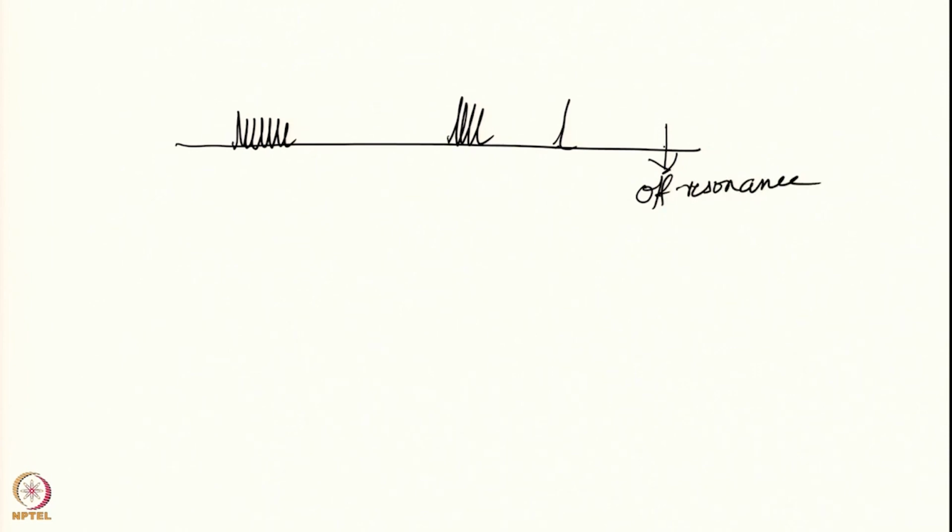There is no line there, so I put a perturbation somewhere there, just as a control, off resonance perturbation. So that I get a spectrum like this, okay. So this happens as a control.